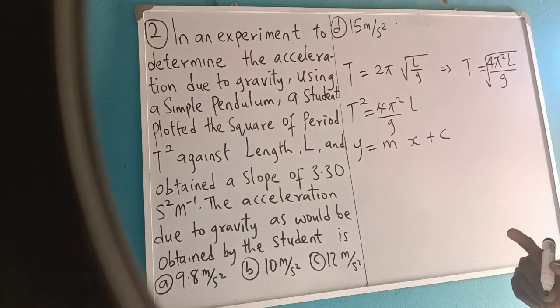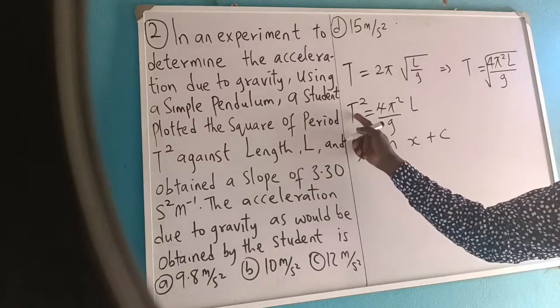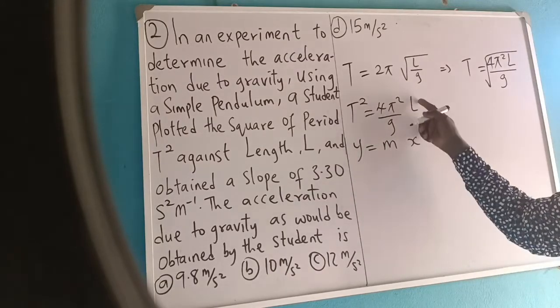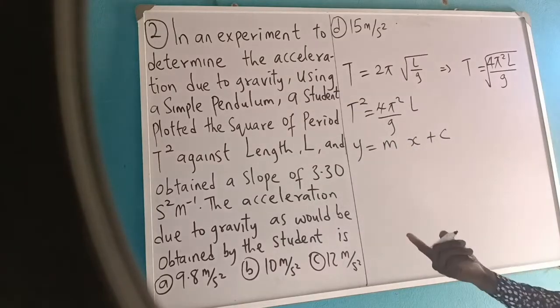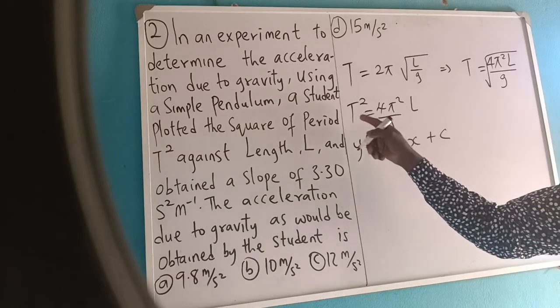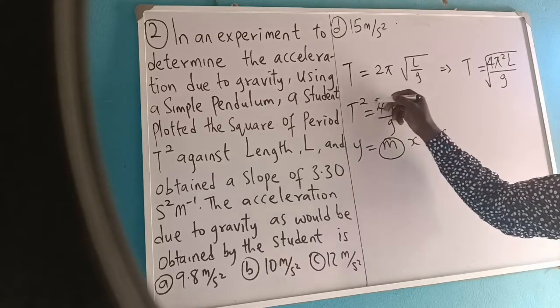Are you getting it? So this is taken to be your vertical axis, then this is taken to be your slope. m is slope, L is the horizontal axis, which you call the x-axis. Now when I plot this against this, that means this slope is equivalent to what?